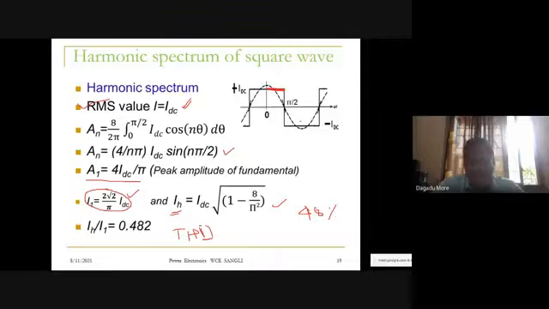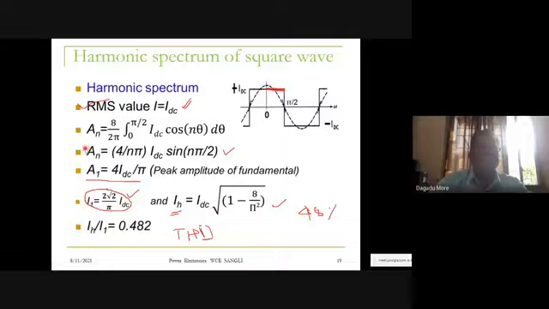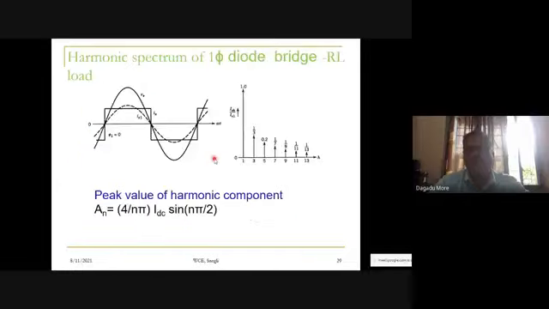So in the square wave all even harmonics are absent and only odd harmonics are present. Put n equal to 3, you get the peak amplitude of the third harmonic. Put n equal to 5, you get the fifth harmonic. N equal to 7, you get the seventh harmonic. And this is the harmonic spectrum.